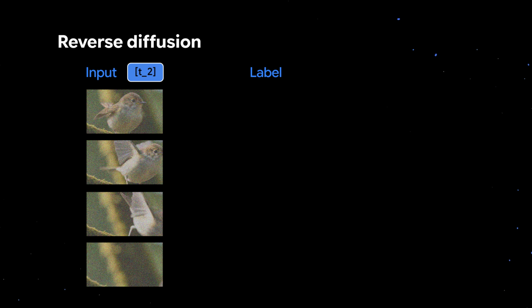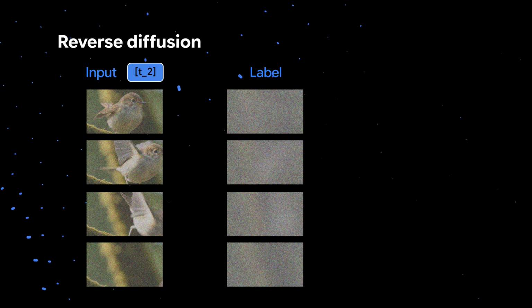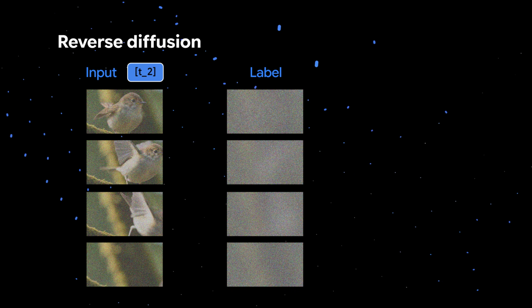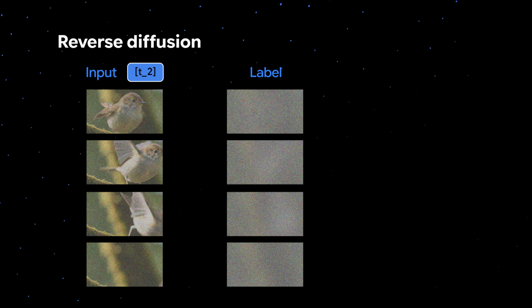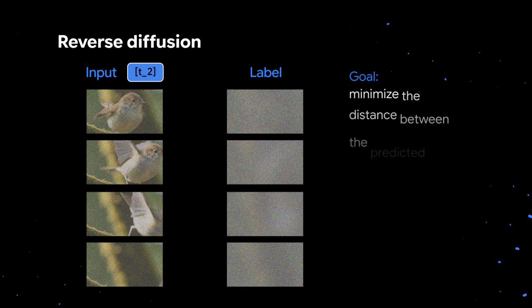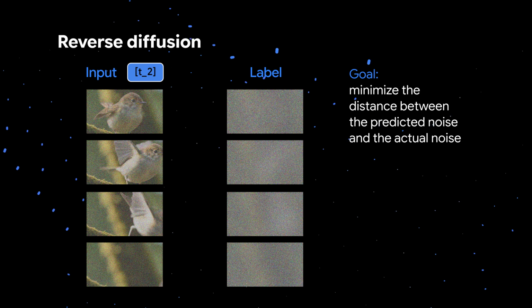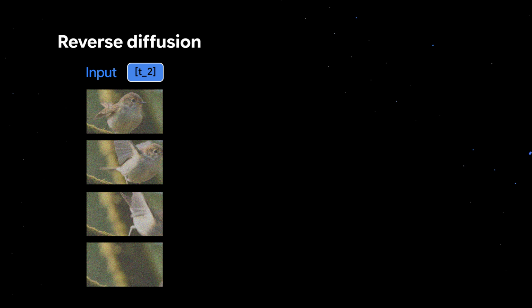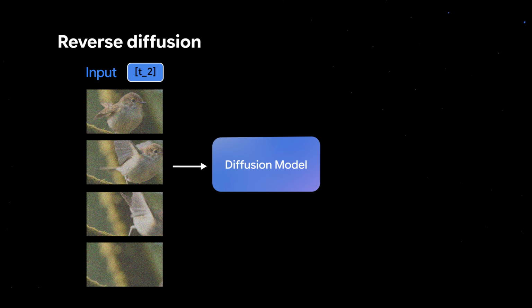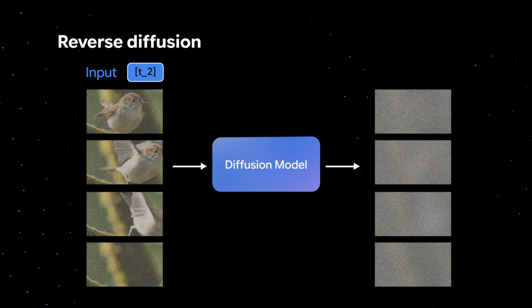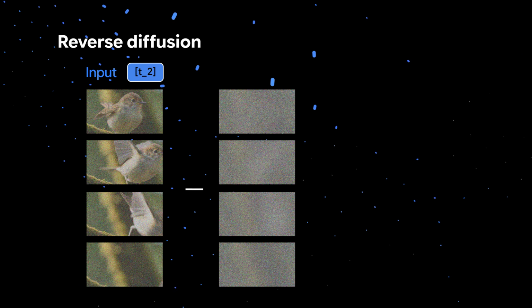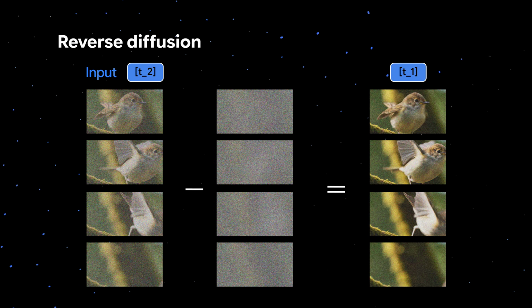The label is the exact noise of the noise pattern that needs to be removed from each image to get the slightly less noisy image from the previous time step. As before, the model's training goal is to minimize the distance between the predicted noise and the actual noise. So basically, a batch of images goes into the model, and a batch of corresponding noise to be removed comes out. We subtract that noise from the images, and we get back a slightly less noisy sequence of images.